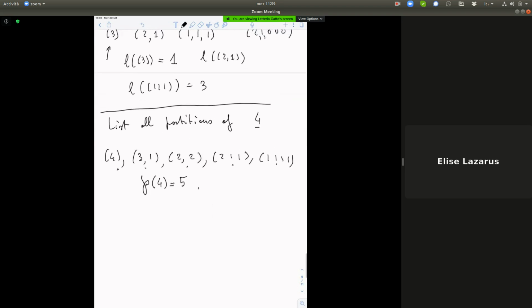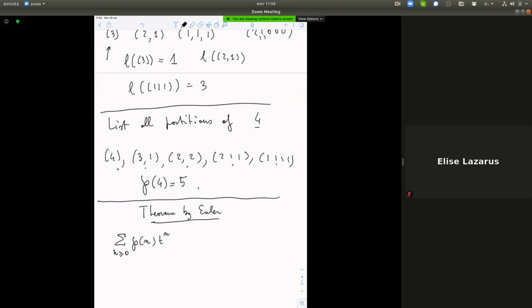We will not prove this formula, but the theorem by Euler says this: if we use the same trick, we consider Pn, the number of the partitions of the integer n, times Tn, and we consider the sum for all n bigger or equal than 0.